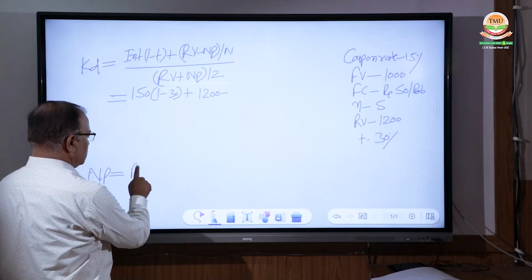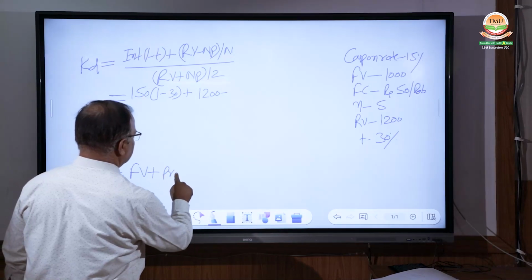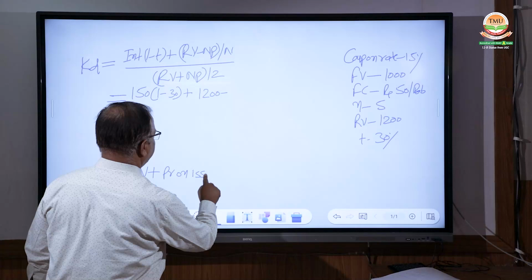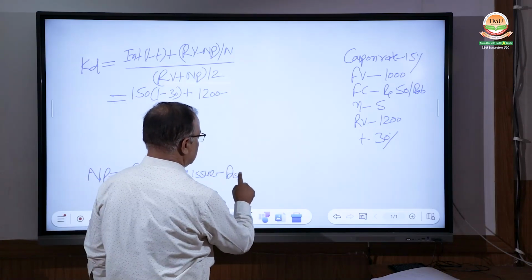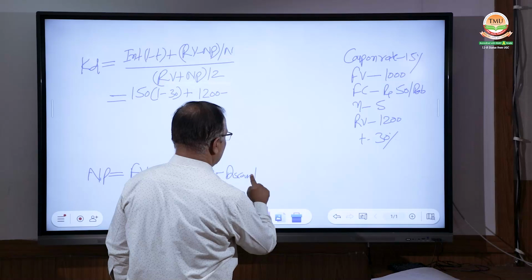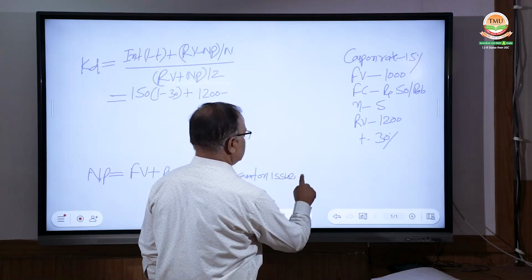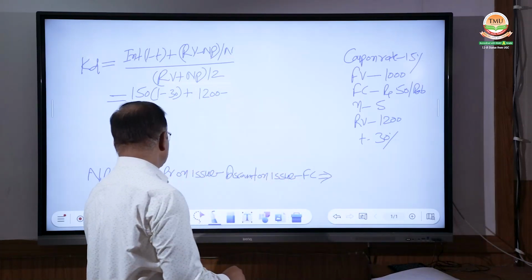Net proceed is equal to face value plus premium on issue minus discount on issue minus flotation cost.